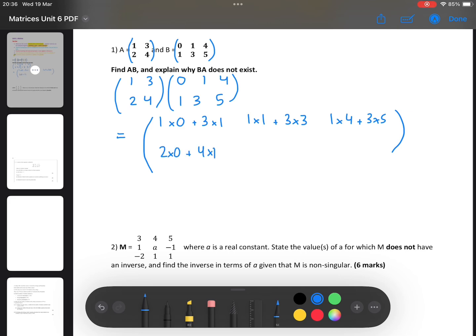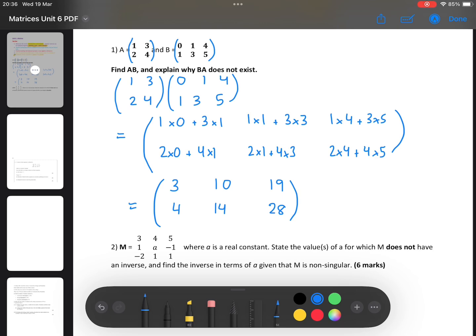We have 2 times 1, add 4 times 3, and we have 2 times 4, add 4 times 5. Which, if you compute those, gives you 3, 10, 19, 4, 14, 28.